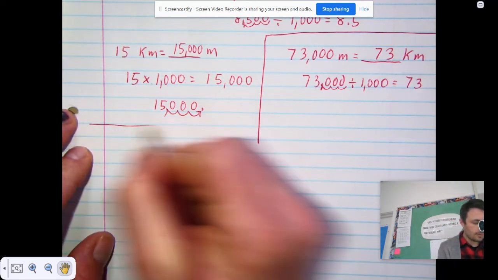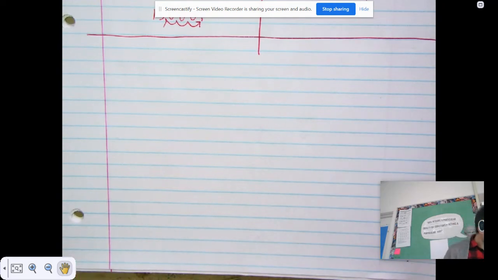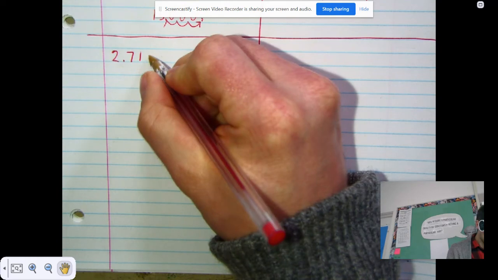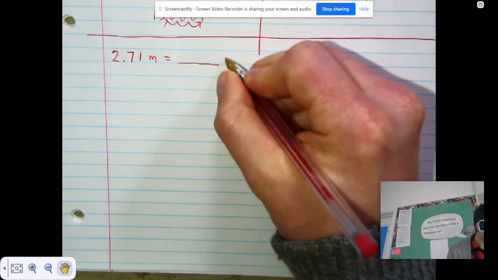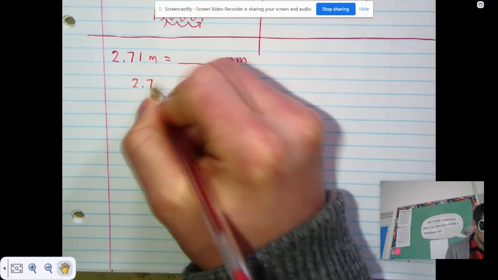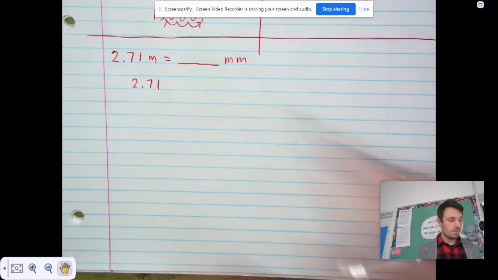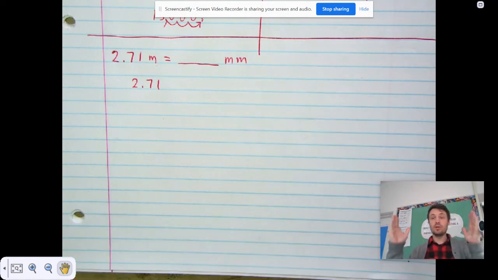Let's do another example. Let's say we have 2 71/100 meters. We want to find out how many millimeters that is. Okay, 2 71/100. Are we going to multiply or divide? We're going from meters to millimeters. So we're going from a larger unit to a smaller unit, which means we multiply.